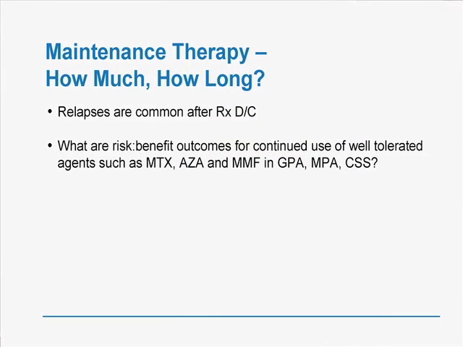The other part to that study is at 1 year they discontinued therapy in all patients, and the frequency of relapse was dramatically increased. So we know relapses are common after treatment is discontinued from these and other studies, but what we don't know is what is the risk-benefit properties of continuing either methotrexate or azathioprine indefinitely for many years.